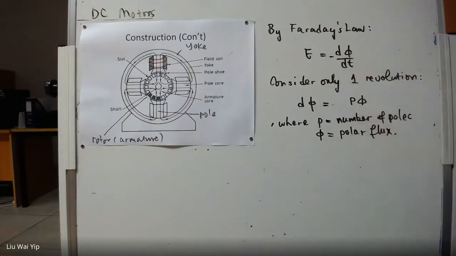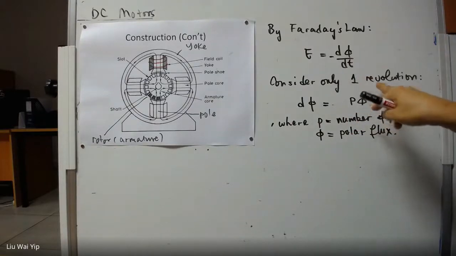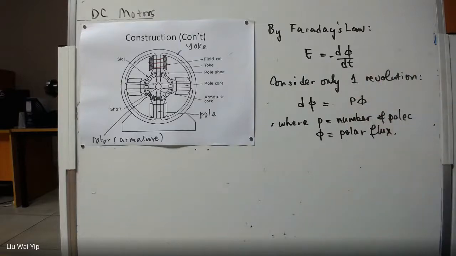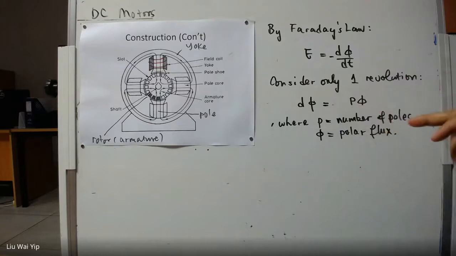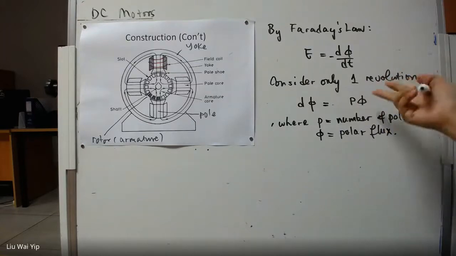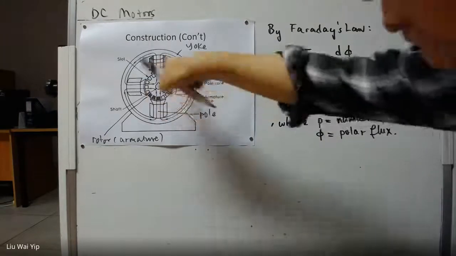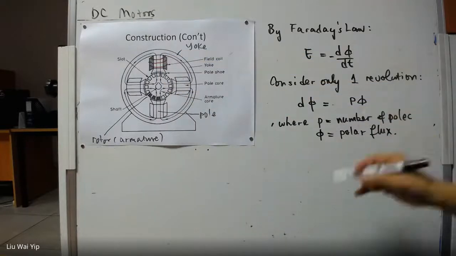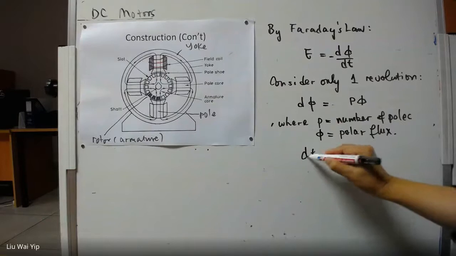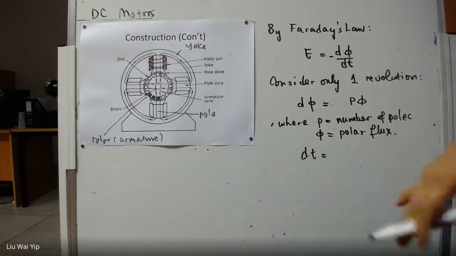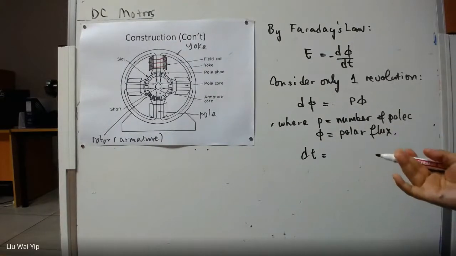And now, what is delta T? Again, we consider only one revolution. How much time do we need for one revolution to take place? So dt is going to depend on the speed of the motor, say n.